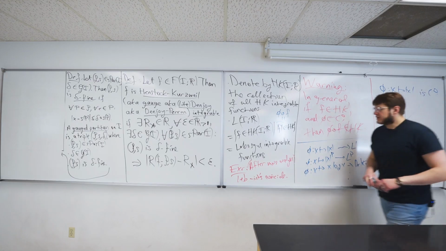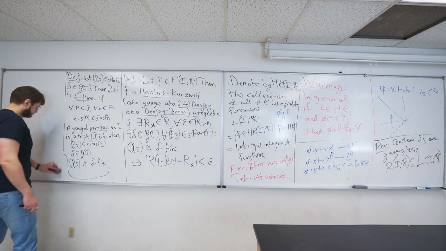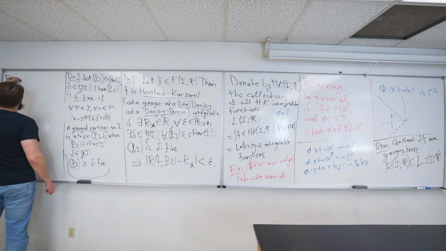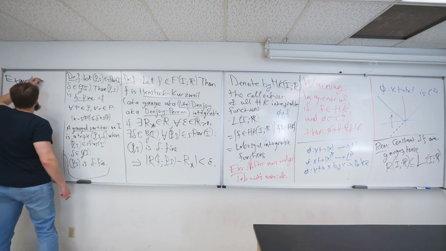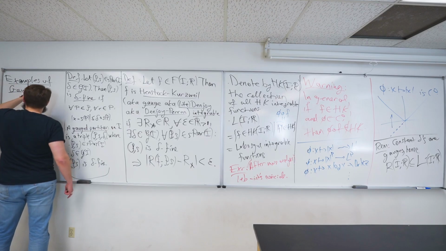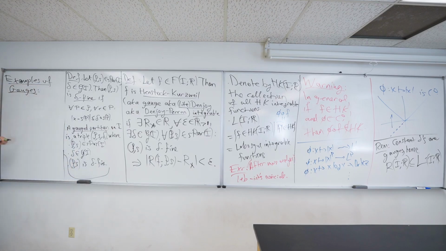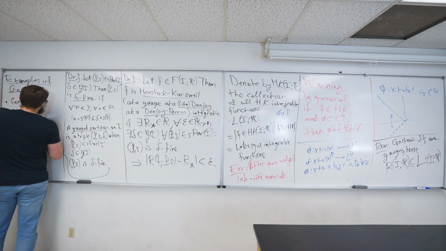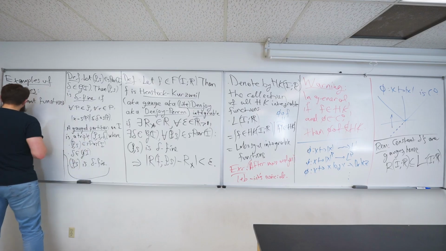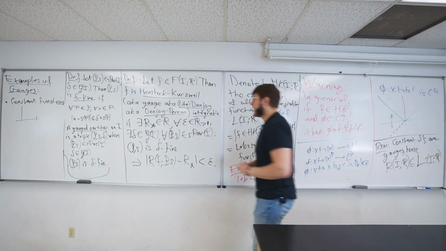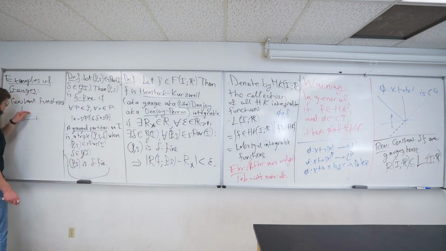OK, examples. Examples of gauges. Well, constant functions. I can take an interval like this and take some constant delta. Think of it as a constant function. That's a valid gauge.